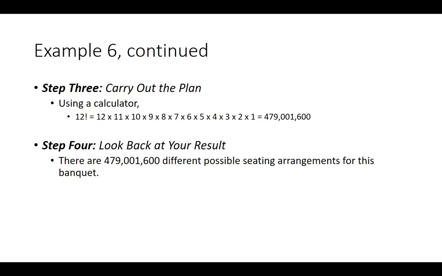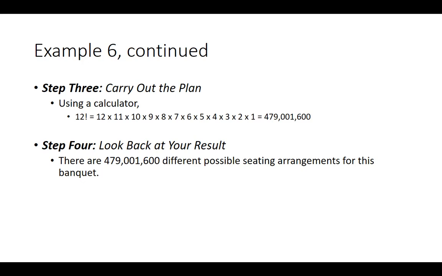Carrying out the plan, we can use a calculator and do 12 factorial, or actually multiply out what 12 factorial is if we don't have the factorial button. But we would have 12 times 11 times 10 times 9 times 8 times 7 times 6 times 5 times 4 times 3 times 2 times 1. We get 479,001,600.